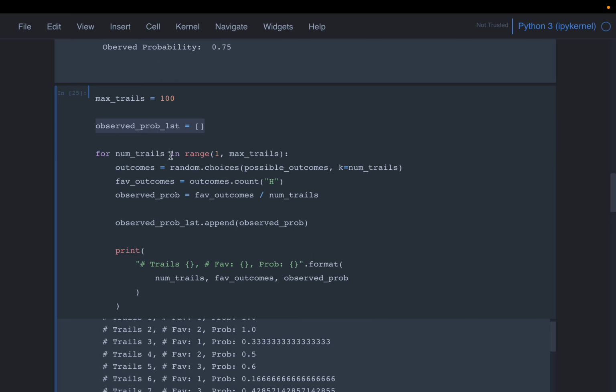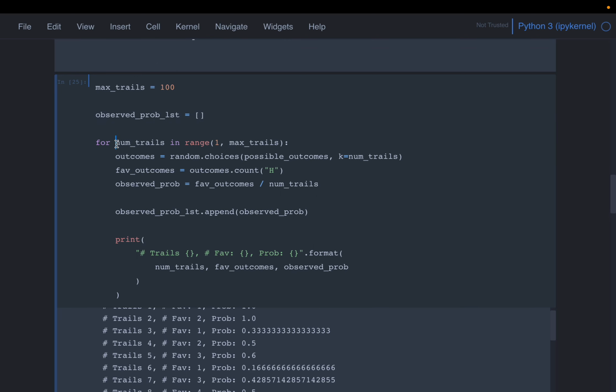Here we are looping over these trials, right? We want to flip the coin up to 100 times. First we will be flipping the coin only once, so this will be the number of trials. It will start with 1 and go up to the maximum trials. Here we have the outcomes, and from the outcomes we are counting how many hits we have, and that is our favorable outcomes.